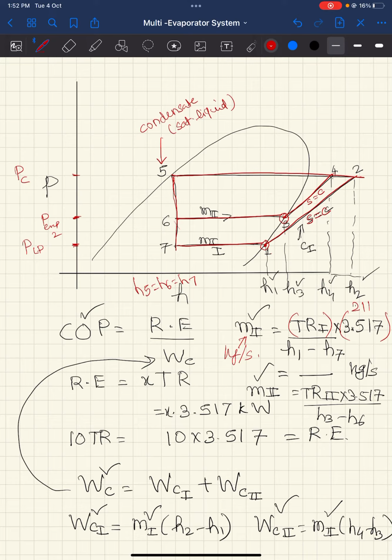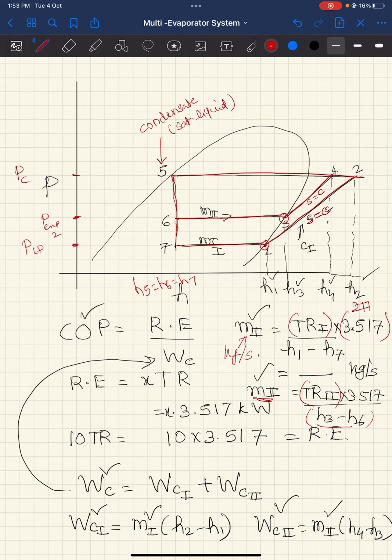Similarly, to find M2, I take TR2 into 3.517 and divide by the enthalpy difference across evaporator 2. So M1 is TR1 upon the enthalpy difference across evaporator 1, that is H1 minus H7, and M2 is TR2 upon the enthalpy difference across evaporator 2, that is H3 minus H6, and you multiply this either with 3.517 or 211.